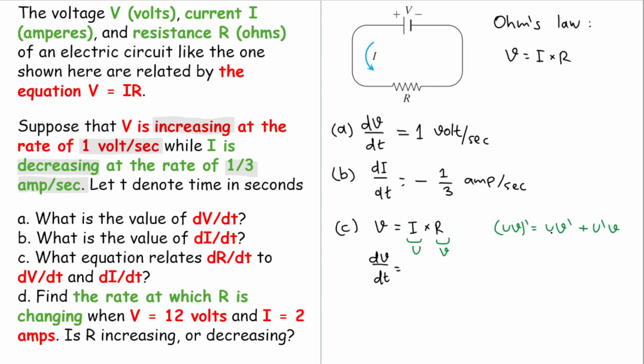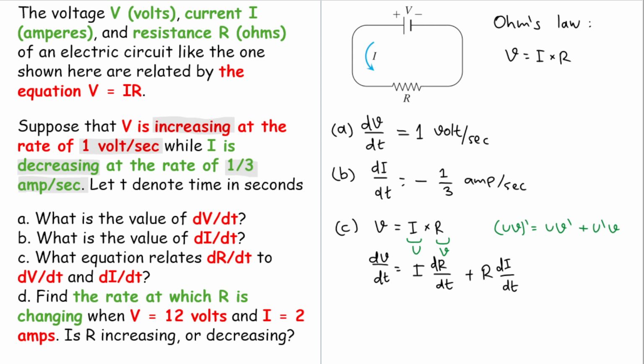So what can we do from here? We will have u is I, and v prime is the derivative of R with respect to time, this dR/dt. And then plus u prime, which is dI/dt, and v is R, so R multiplied by dI/dt.